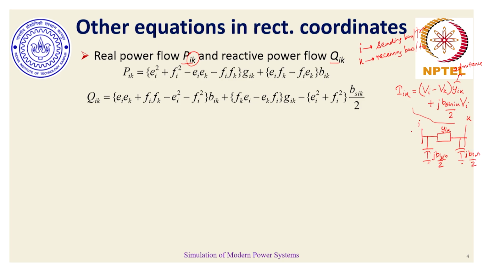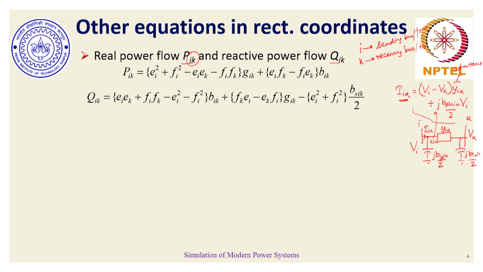After I have done the voltage evaluation from power flow analysis, I also know the voltages at bus I and bus K respectively. If I have to find the current Iik, which is the current from bus I to bus K, then having drawn this diagram, the evaluation of Iik is simply an application of KCL at this node, which would give me this expression.